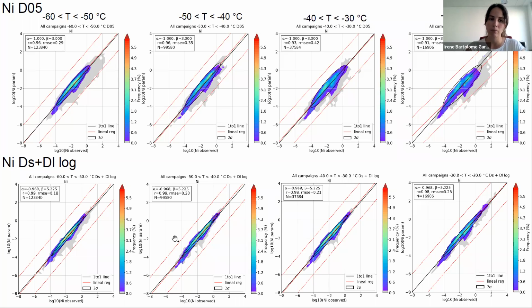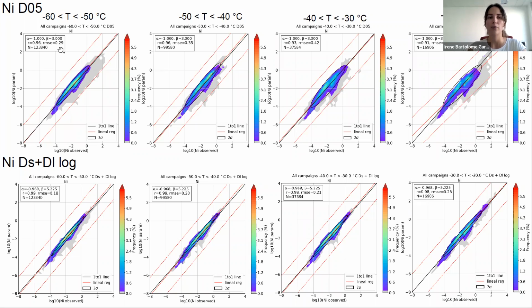Whereas for the two-mode parametrization, it stays more or less constant. Also, if we look at the spread, the same conclusion: the spread is reduced when using the two modes. And also the root mean square error, even though for both parametrizations it increases with temperature.